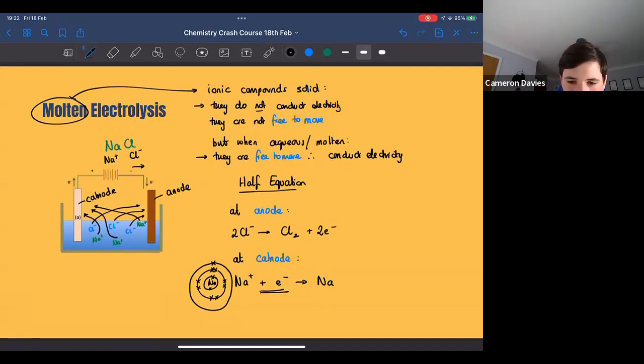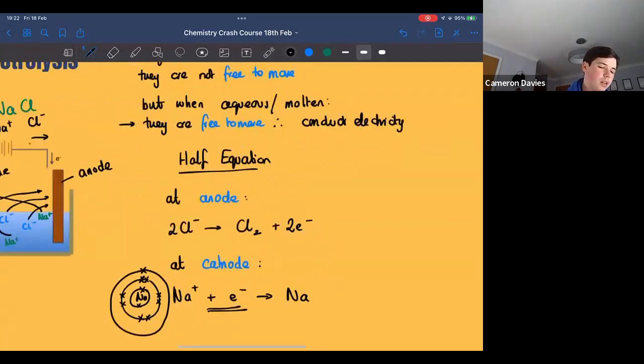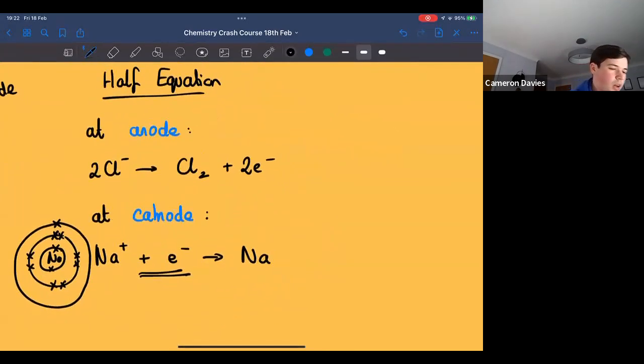With regards to your question about oxidation and reduction, I wasn't actually planning on talking about that, but I can. For the equation at the anode and the equation at the cathode, one of them is oxidation, one of them is reduction.